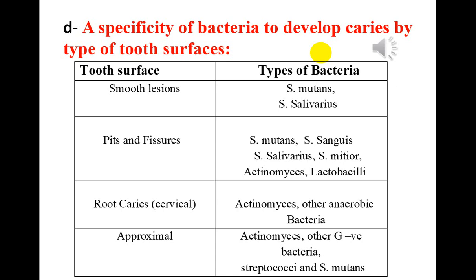While for root caries, the predominant bacteria involve actinomyces and other anaerobic bacteria. For proximal lesions, the predominant bacteria involve actinomyces, gram-negative bacteria, in addition to streptococci and S. mutans.